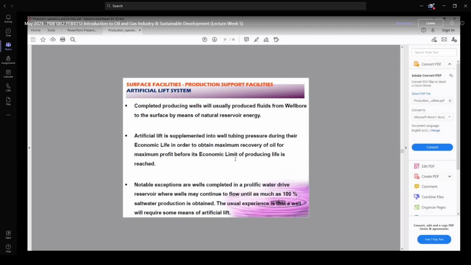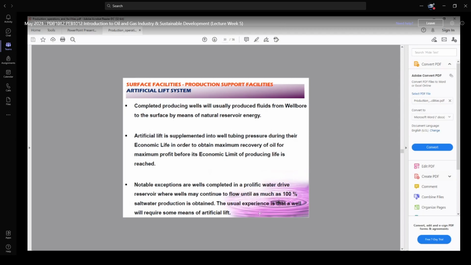We have to note one thing here. There are different kinds of drive mechanisms in the reservoir. One of them is a water drive. Water drive means the reservoir is active with water. All the oil and gas are driven from the reservoir to the well by the water drive.